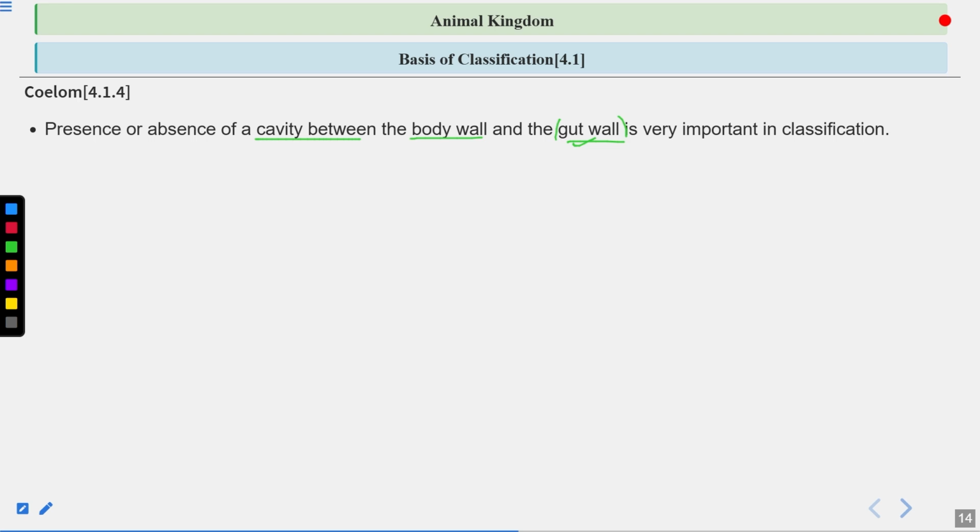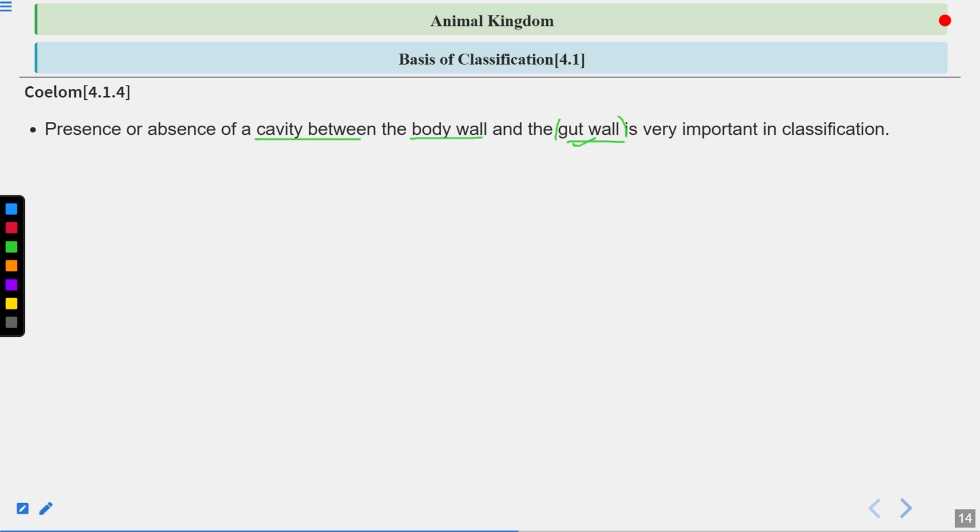So the gut wall, you want to understand the gut wall. Gut is like your stomach actually, right? If you think about this alimentary canal, it starts from the mouth and ends at the anus. What does this canal system have? You see the mouth, the esophagus, the stomach, the small intestine, large intestine, rectum, and then comes the anus.